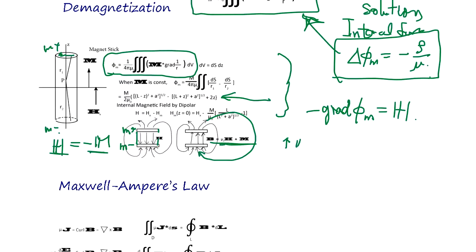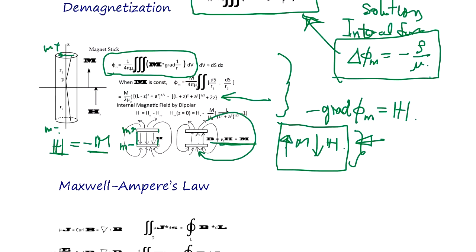M is pointing this way, and H is applied this way within the stick. So it's going to be naturally demagnetized. Over time, the whole magnetic stick is going to be demagnetized because of the magnetic field generated by itself. And this is not good if you want to keep the magnet strong.